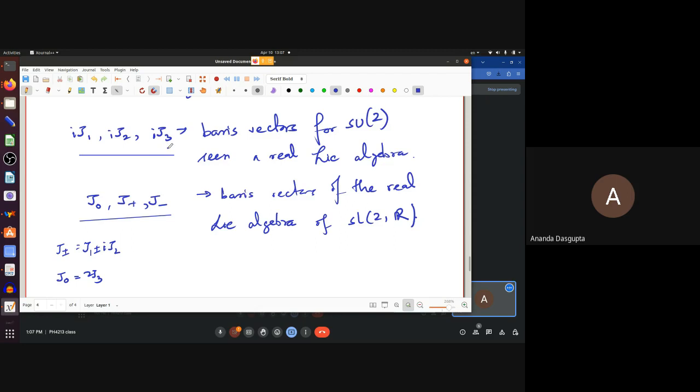Therefore, when you exponentiate them, you get exactly unitary, unit determinant matrices. J0, J plus, J minus, on the other hand, give you traceless real matrices. When you exponentiate them, you get unit determinant real 2 by 2 matrices, which is why J0, J plus, J minus generate SL2R, and this generates SU2.